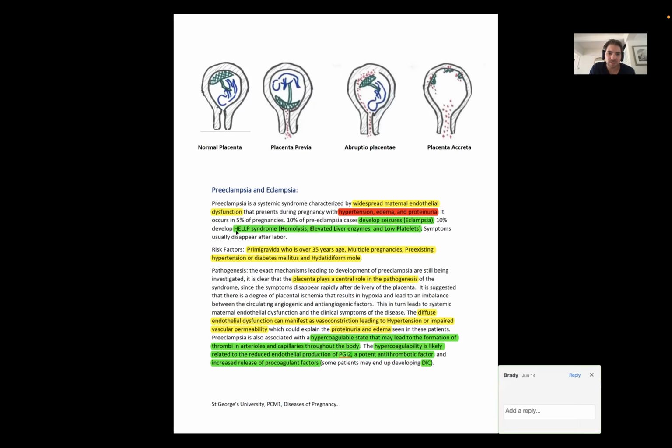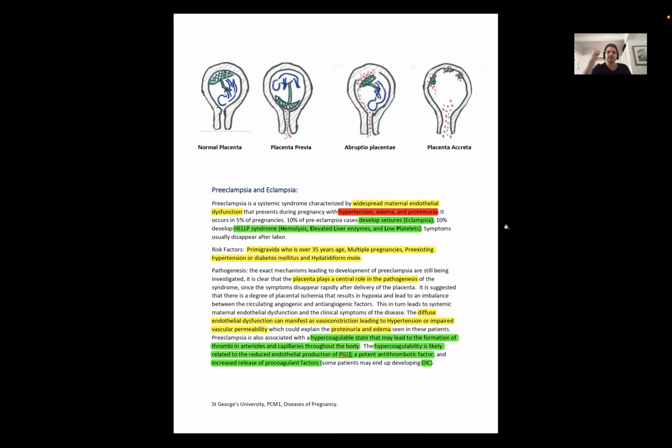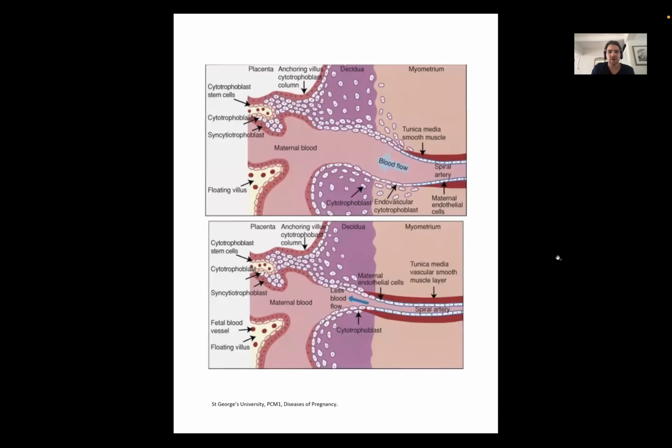You could even develop what's called HELLP syndrome, which stands for hemolysis, elevated liver enzymes, and low platelets. So preeclampsia is defined by hypertension and proteinuria. If you start getting seizures, it's full-blown eclampsia. It's a big problem. You need to deliver the baby. I think that's all I had there.